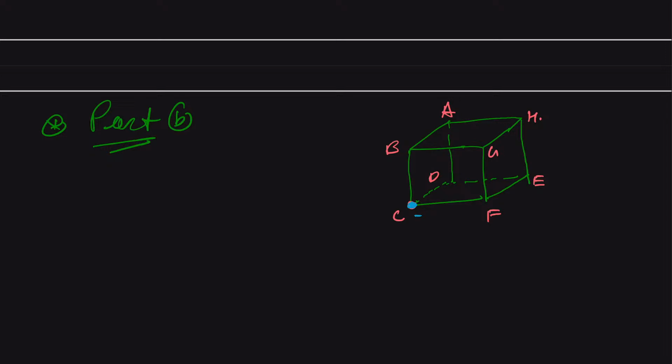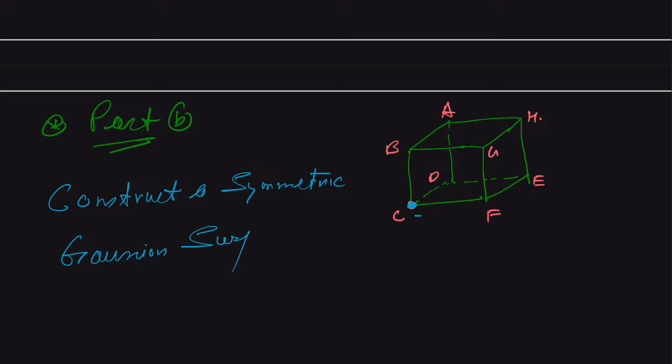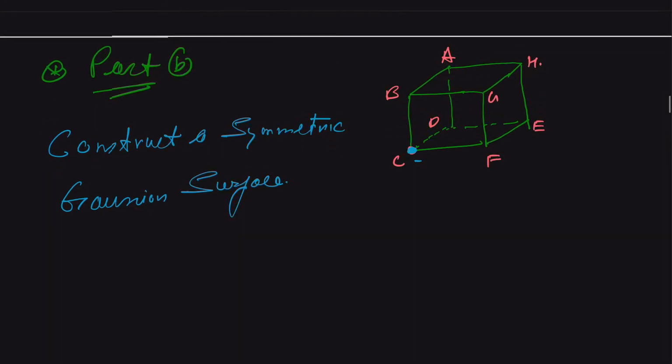So we are going to construct a symmetric Gaussian surface, and for that we are going to imagine or draw 8 identical cubes together.